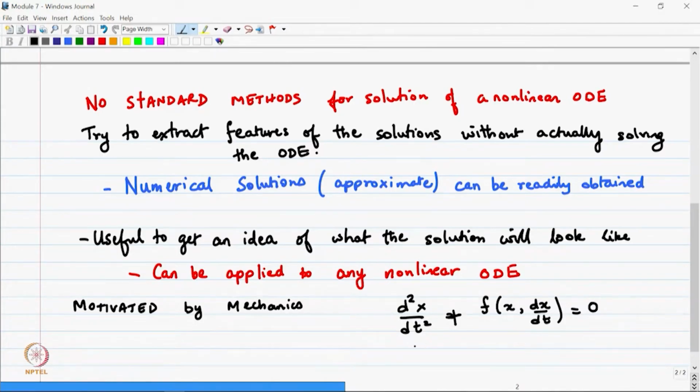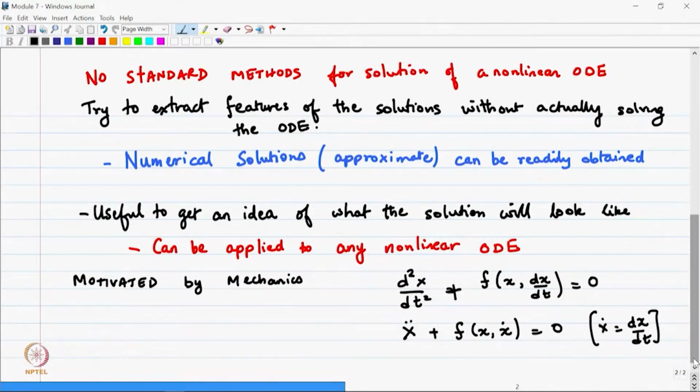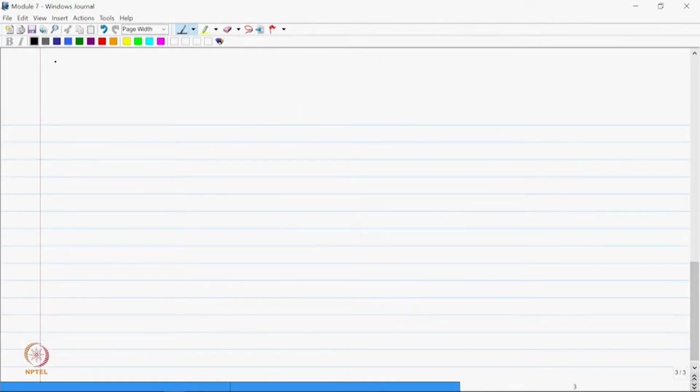We will write it in a short notation which will be extremely useful: x double dot plus f of x times x dot equal to 0, where x dot equals dx by dt and x double dot is the second derivative. So we will primarily be looking at equations of this form and seeing what the solutions look like. In order to introduce these solutions, the first important concept is that of a phase plane.